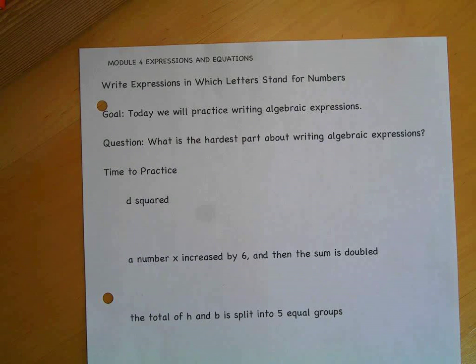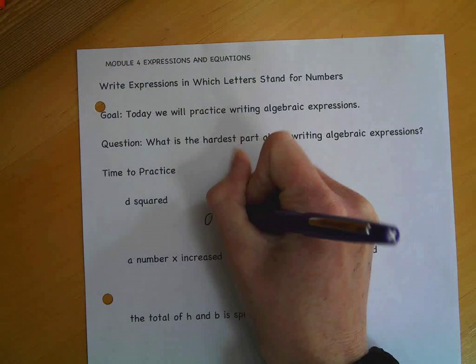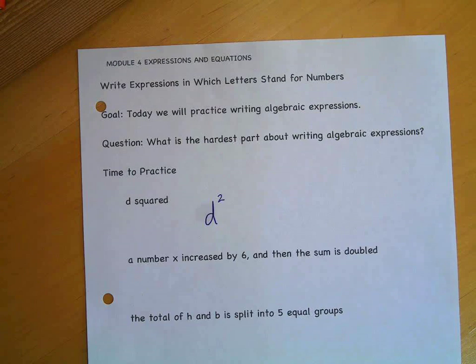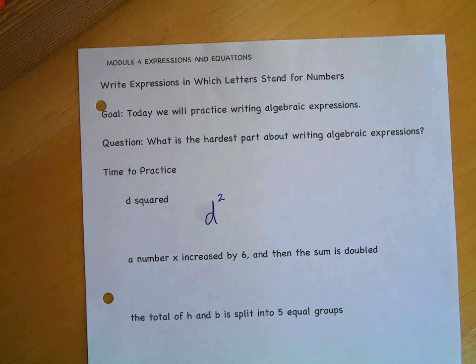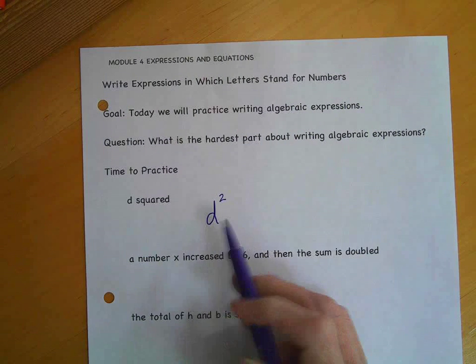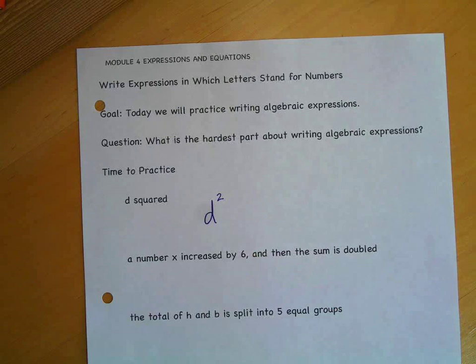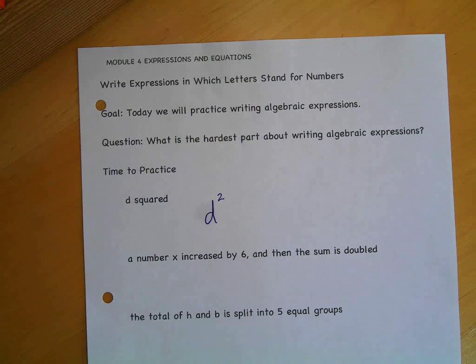So in order to write d squared, we would say, okay, the variable is the base, and then squared would be the exponent. And so we have a power called d squared. Remember, the d is the base, and squared means an exponent of 2. So that's how you would write an expression to represent these words right here.